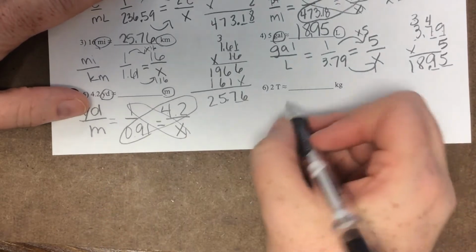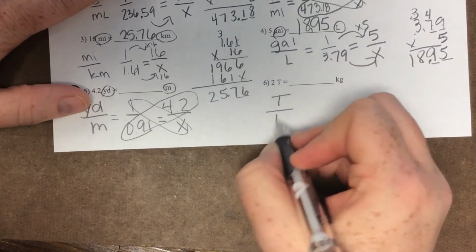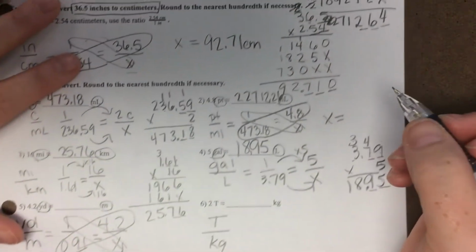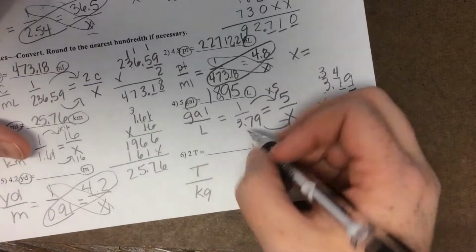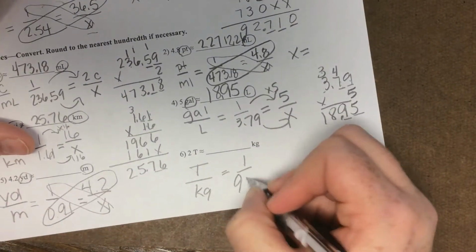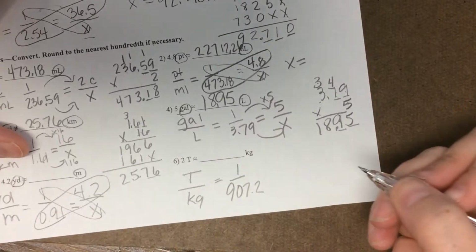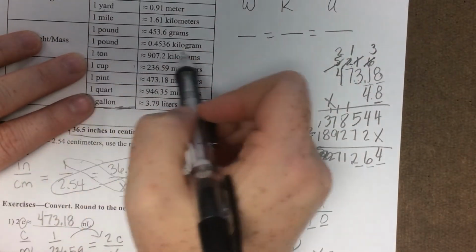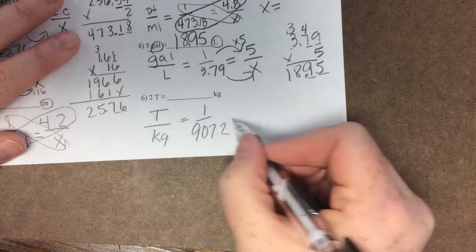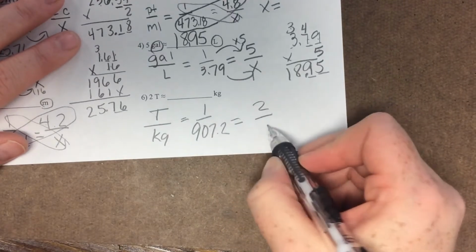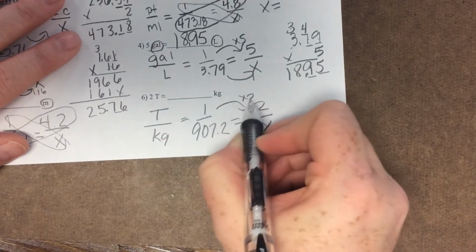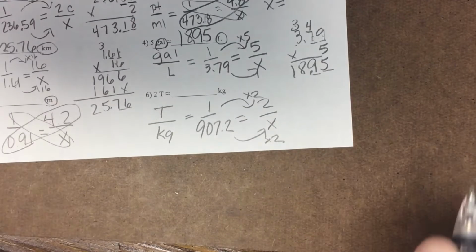Let's set this one up too. We're going tons to kilograms. So you come up here, and 1 ton is 907.2 kilograms. I found it up here. So 2 tons is X, so that's scaling up, times 2.